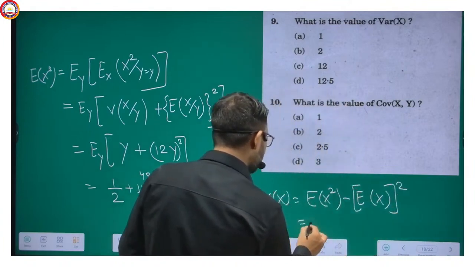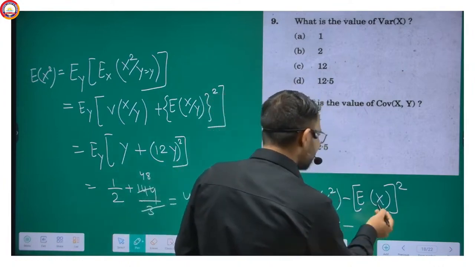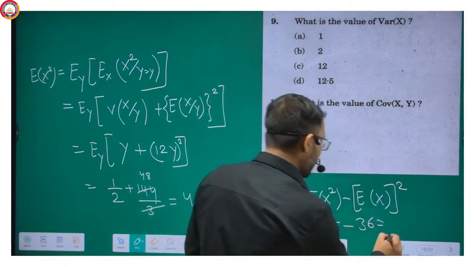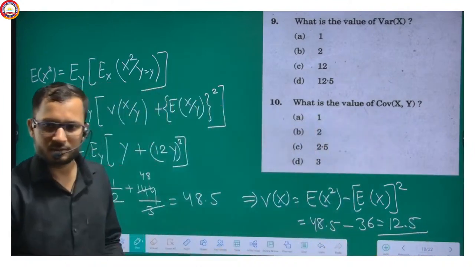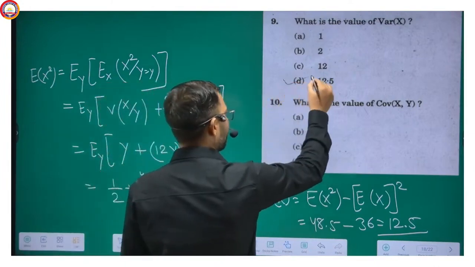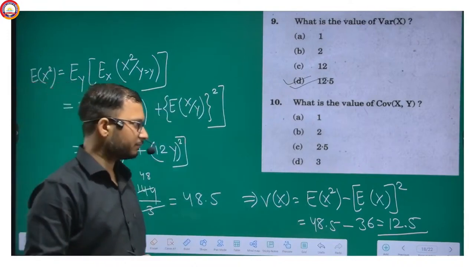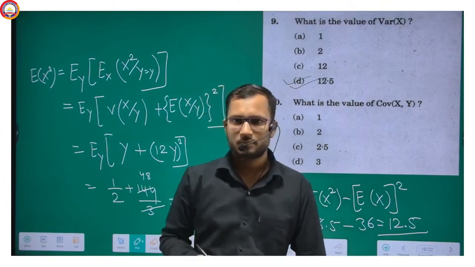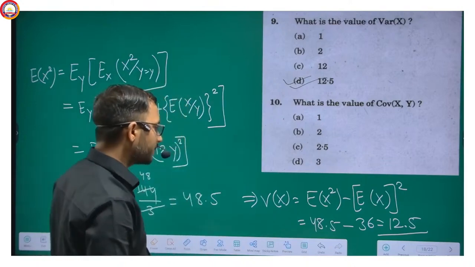And expectation of x square is 48.5 minus 6 square, that is 36, which will be obviously 12.5. So is there any option giving 12.5 as the answer? Yes, option D. Option D is the correct option, and this gives the value 12.5. Getting my point? Okay.